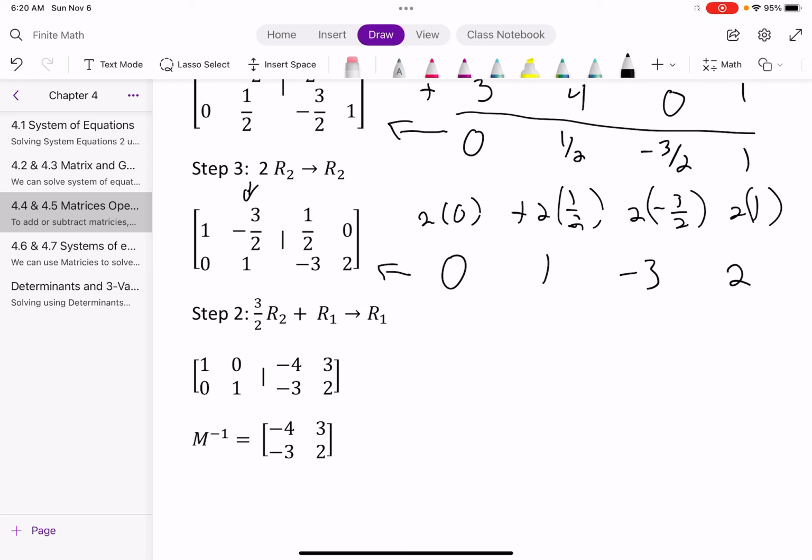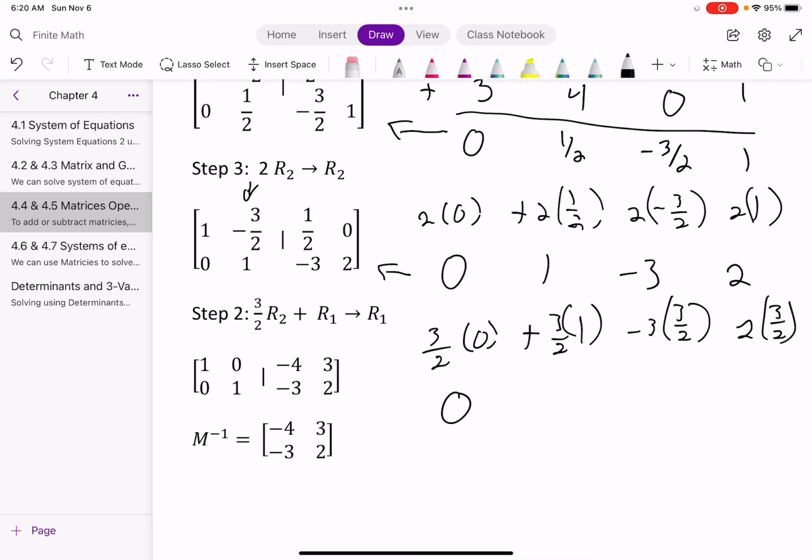So 3 halves of row 2: 3 halves times 0, plus 3 halves times 1, minus 3 times 3 halves, and then 2 times 3 halves. Well, this is still equal to 0. The 3 halves times 1 is 3 halves. Negative 3 times 3 halves is negative 9 halves. And this becomes a 3.